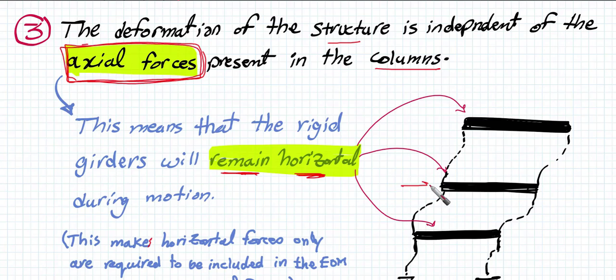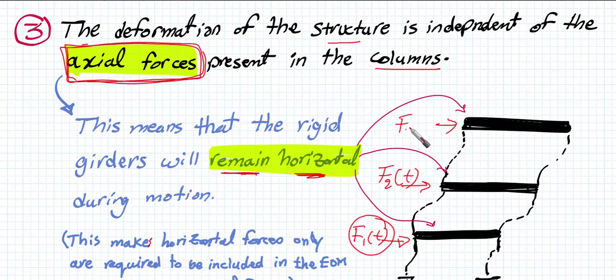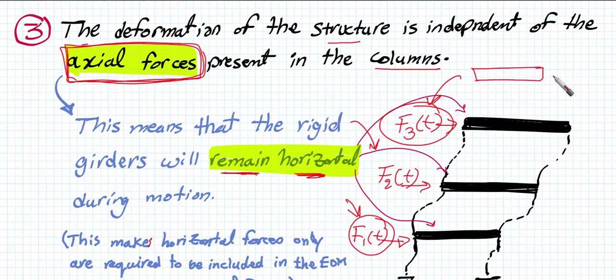Because we are going to have horizontal forces applied on our system, and these forces are going to change with time, f2(t), for example. So this means that in our equation, do you remember the differential equation? We have left hand side equal to right hand side. In the right hand side we always put the forces.